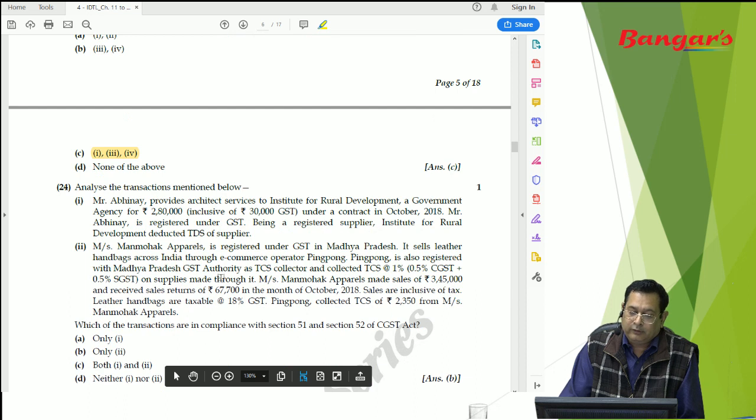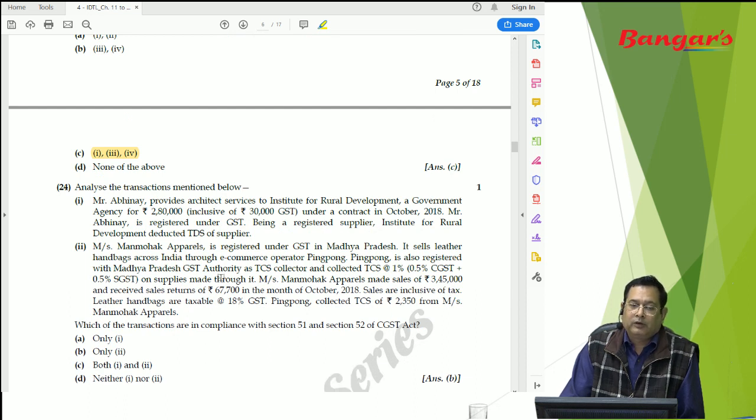Now analyze the transactions mentioned below. Mr. Abhay provides architect services to the Institute of Rural Development, a government agency, for 2,80,000 rupees, inclusive of 30,000 GST, under a contract in October 18. Mr. Abhay is registered under GST, being a registered supplier. The Institute of Rural Development deducted TDS from the supplier.